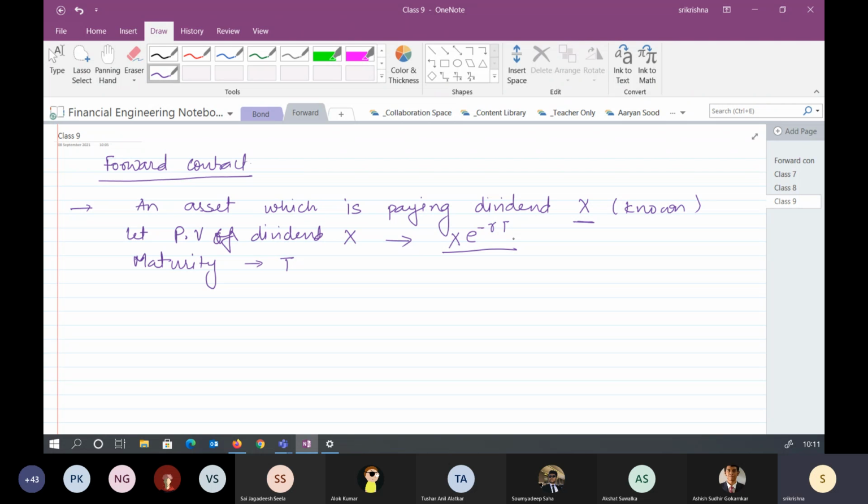In that case, the future value of this asset would be the spot price minus the present value of the dividend, and that times the future value factor when it is expiring.